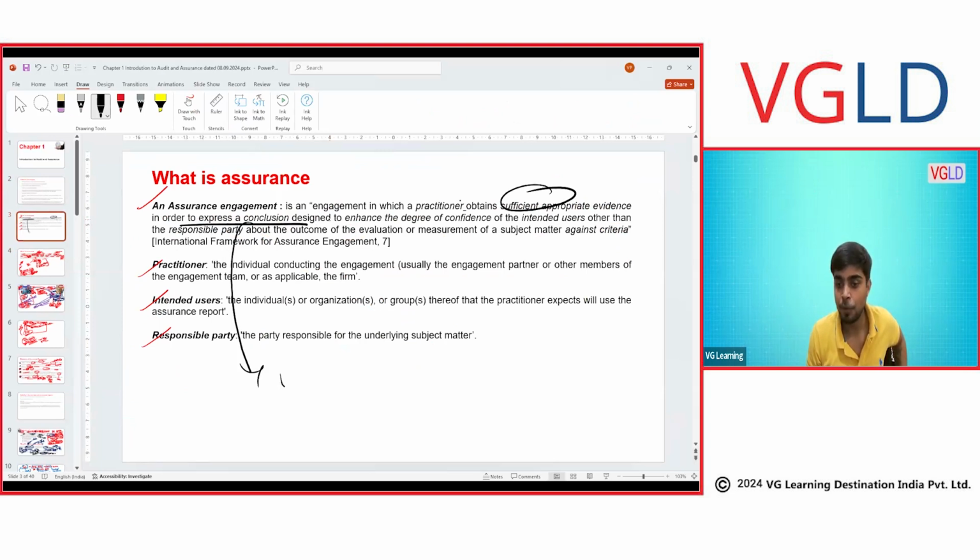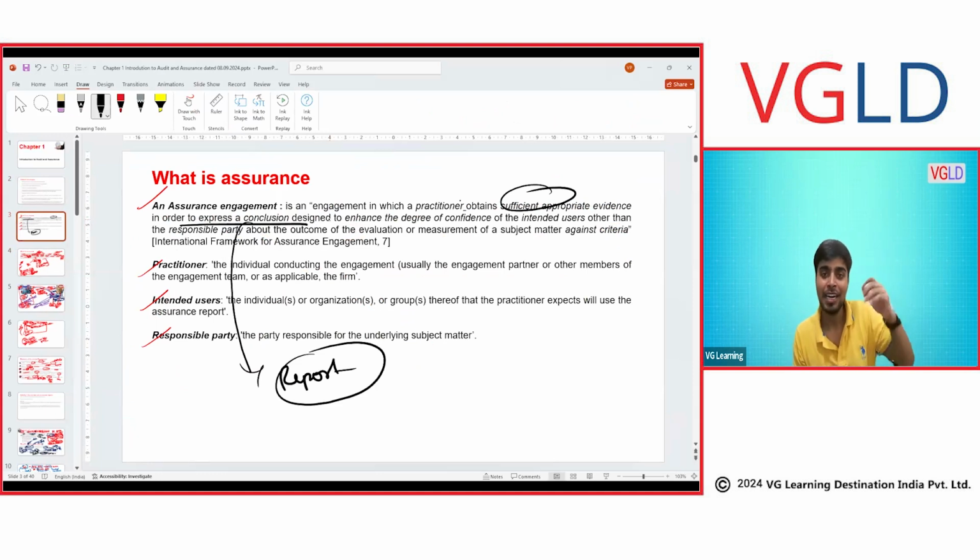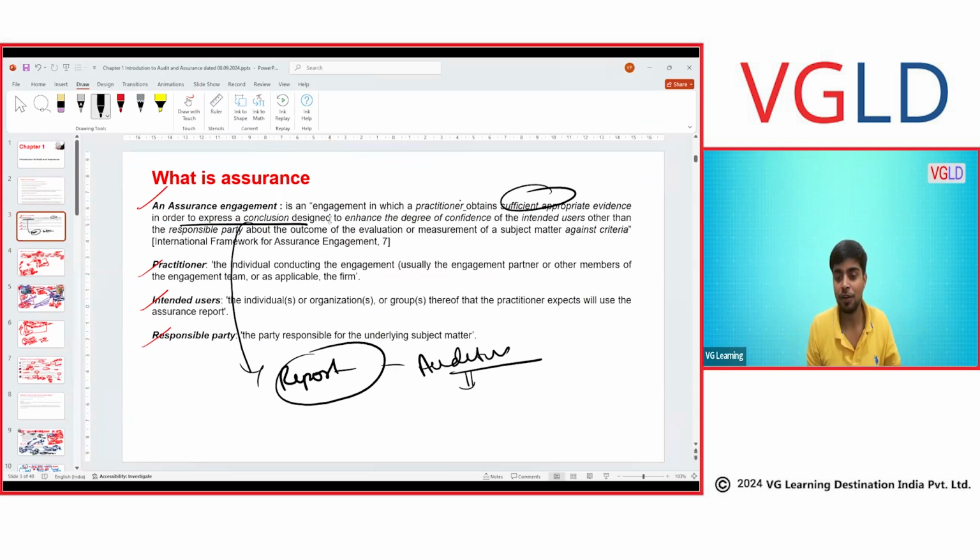They will express their opinion in a report. Let's see how these reports look, which the practitioner reports. Let's see how the report looks which the auditor provides to the shareholder, about the directors' financial statements. So let's see that.